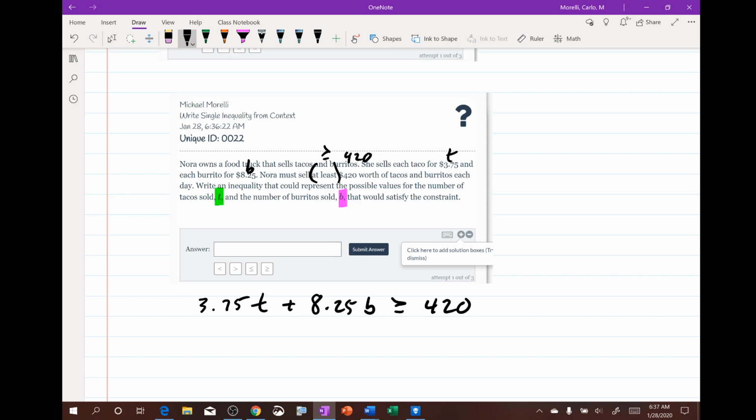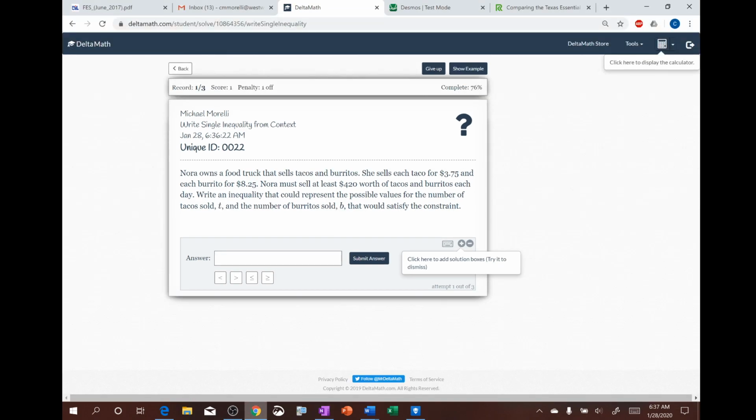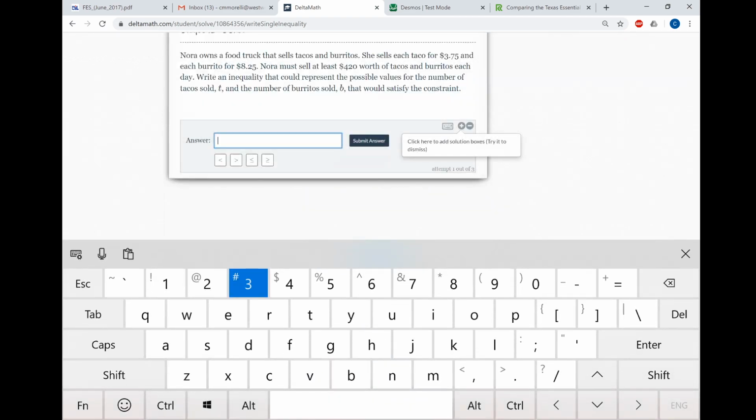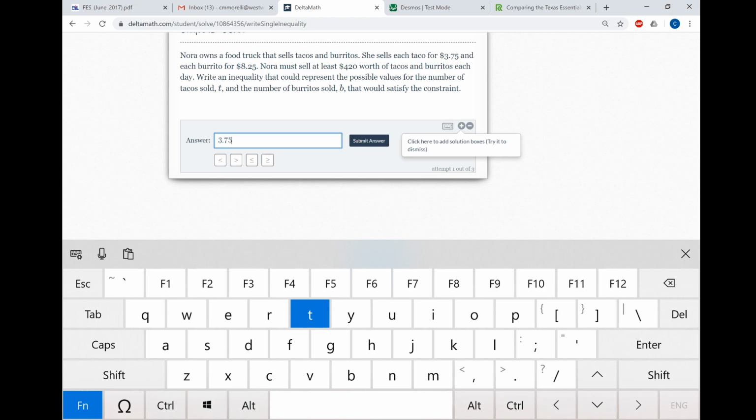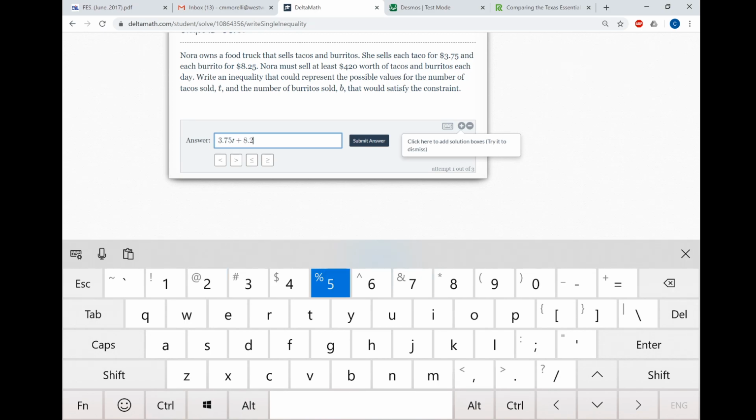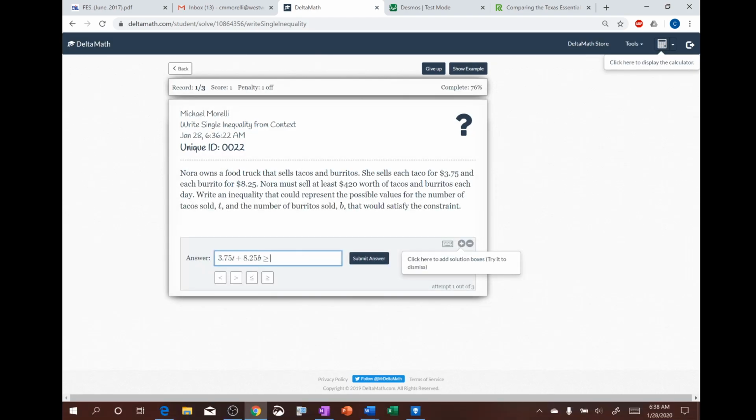All right, so let me hop back in there. I might have to jump back and forth. 3.75T and was that plus 8.25B? And then it was greater than or equal to 420, I think.